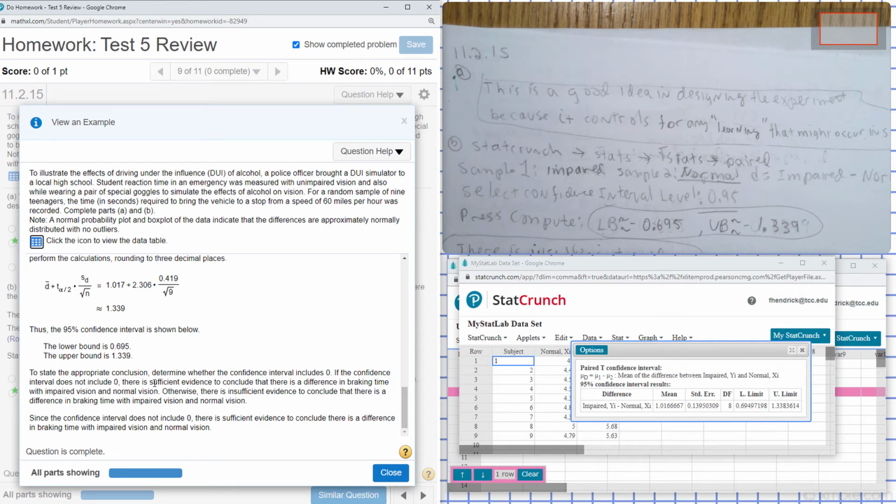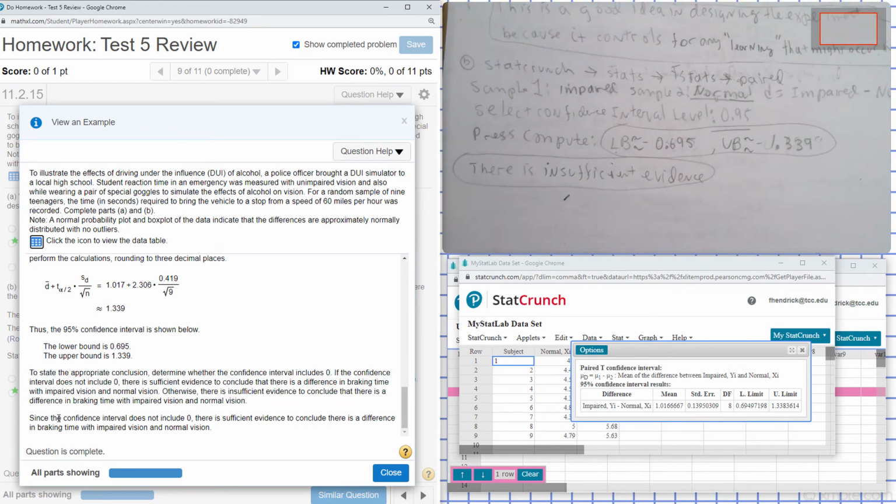Otherwise, there is insufficient evidence to conclude that there is a difference. So we look at our interval here. It does not include 0. There's sufficient evidence to conclude that there is a difference in braking time.